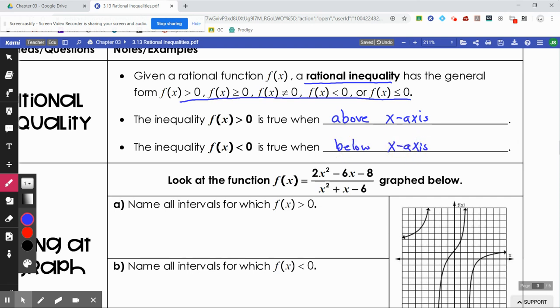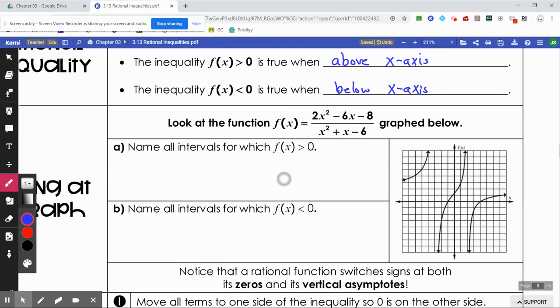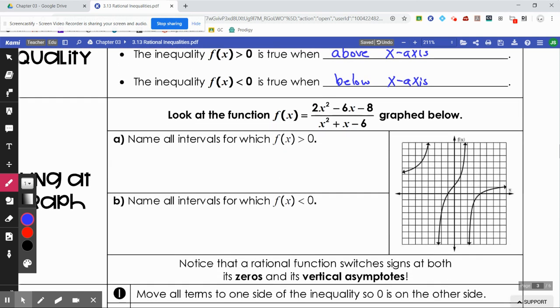So again, if they're asking us where is f of x greater than 0, they're simply saying where is your function above the x-axis. Let's look at this function, graphed over here, and see if we can determine the intervals where our function is positive. Up to this point right here, the function is above the x-axis.